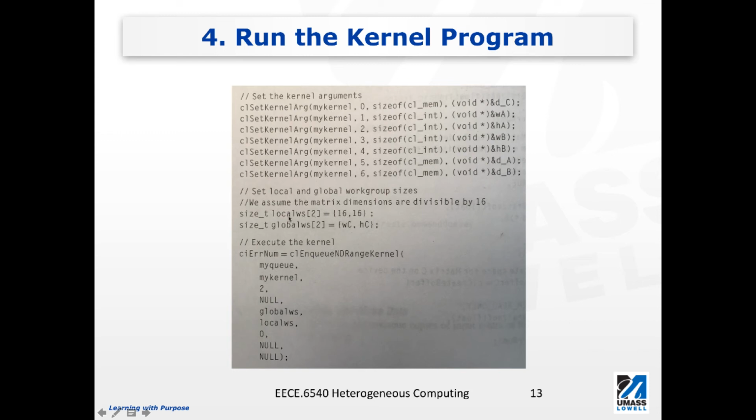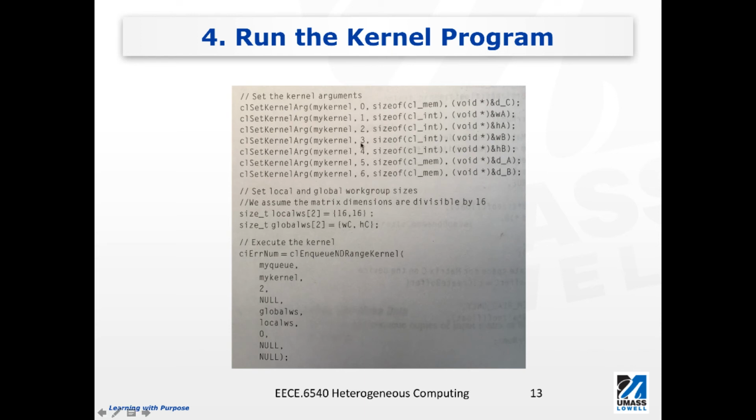As we see here, this is the local workgroup size. For dimension 0, we want to have 16 work items. And for dimension 1, we also want 16 work items. And for the global workgroup size, we also have two dimensions here. We want WC work items in dimension 0, and for dimension 1, we have HC work items for the global size.